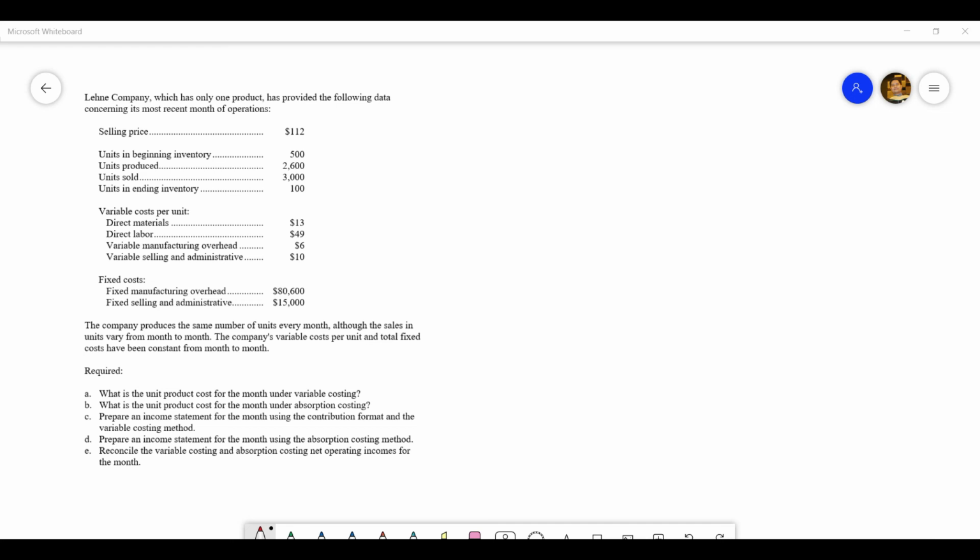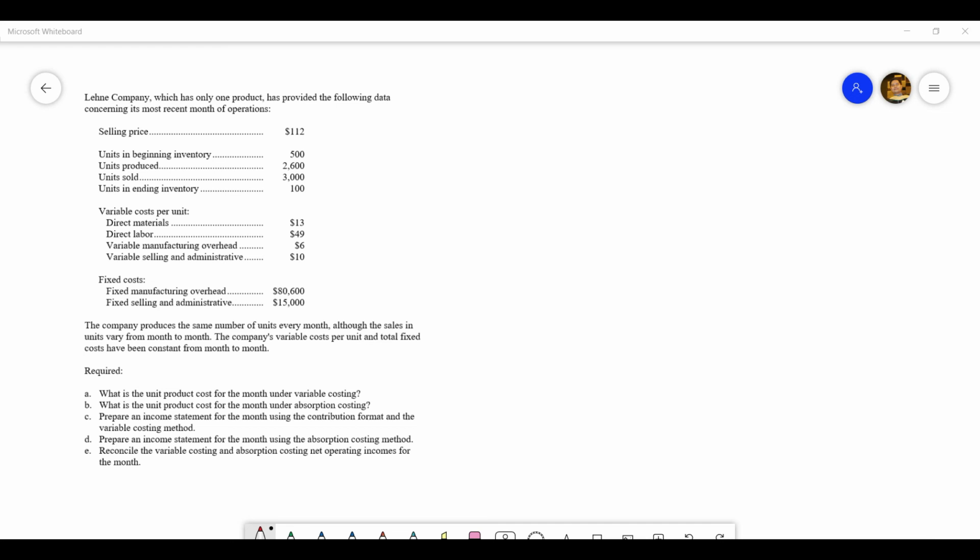$15,000. The company produces the same number of units every month, although the sales in units vary from month to month. The company's variable cost per unit and total fixed costs have been constant from month to month. So here are the following requirements. Letter A, what is the unit product cost for the month under variable costing?